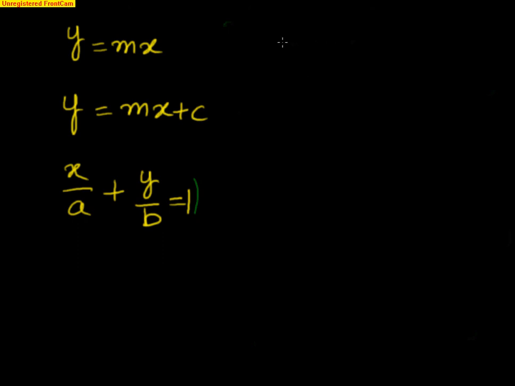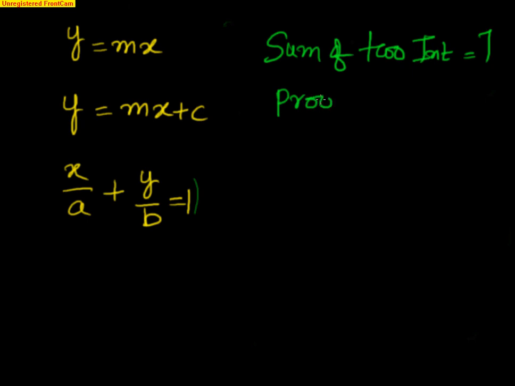Find out the equation of the straight line, given that the sum of the intercepts of a line, sum of the two intercepts, is equal to 7 and the product of the intercepts is equal to 12.